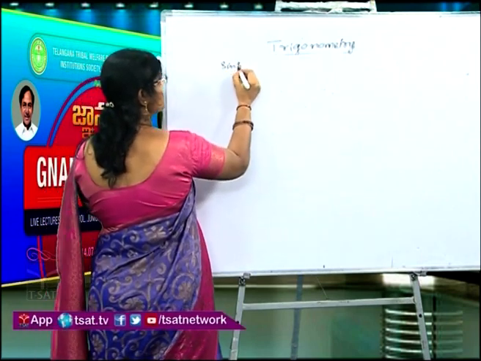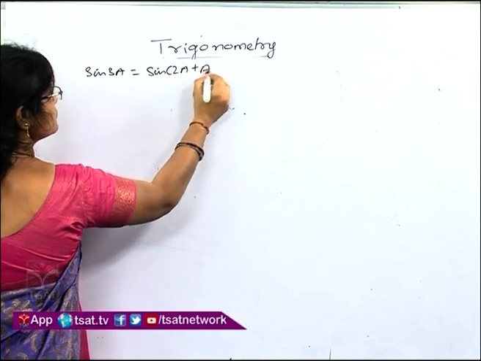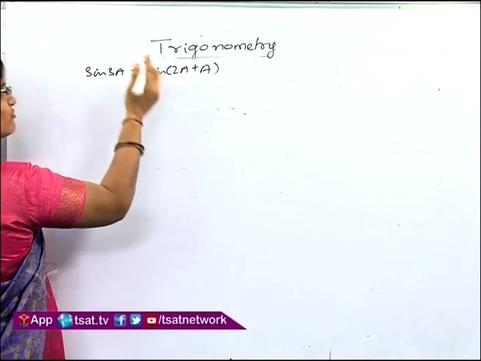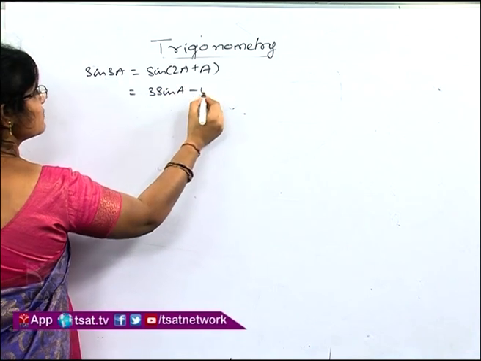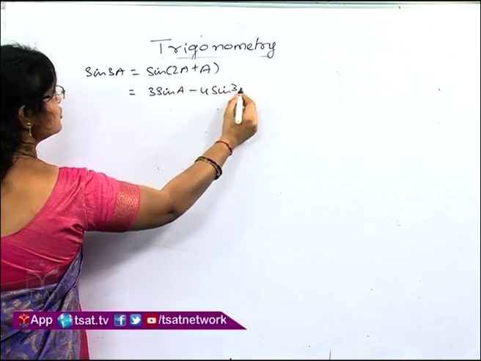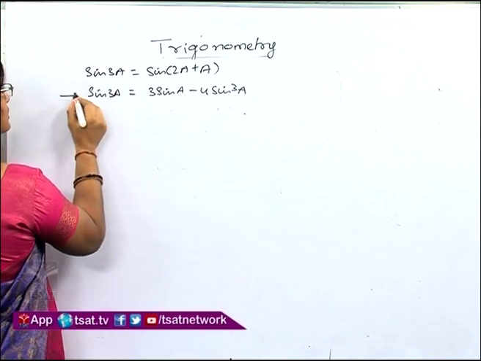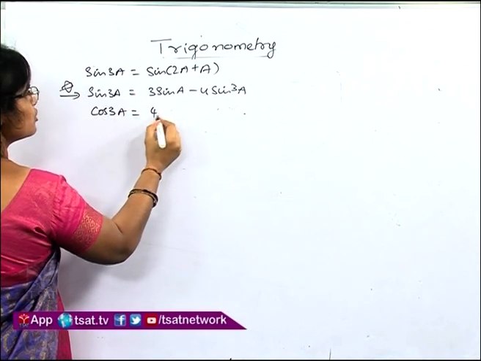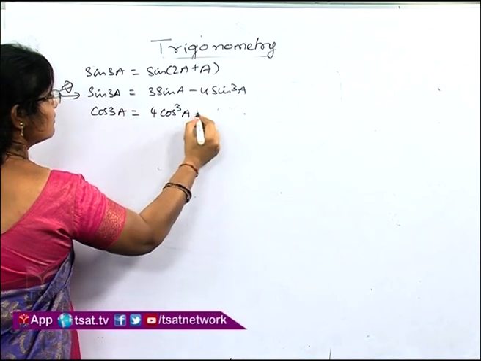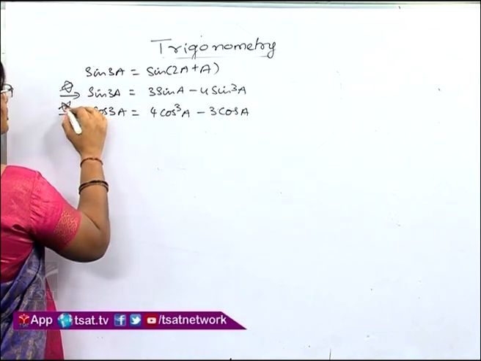So, sin 3a formula you can derive as sin 2a plus a. So, after expanding sin of a plus b formula, we are going to get sin 3a formula as 3 sin a minus 4 sin cube a. So, important sin 3a and cos 3a. Cos 3a is 4 cos cube a minus 3 cos a. Okay children, these two are also important.